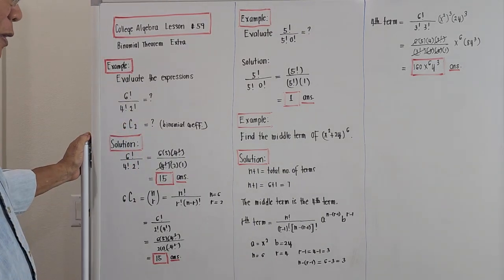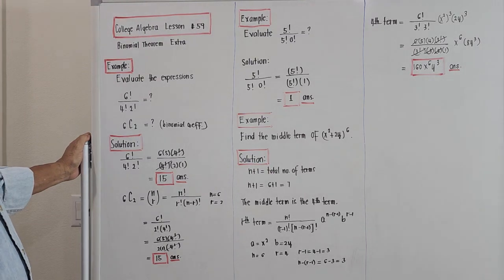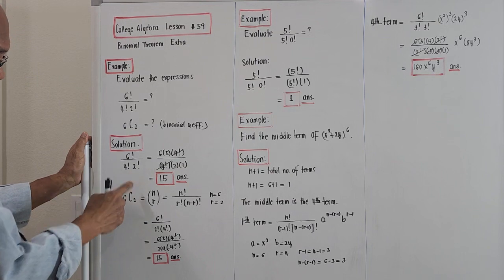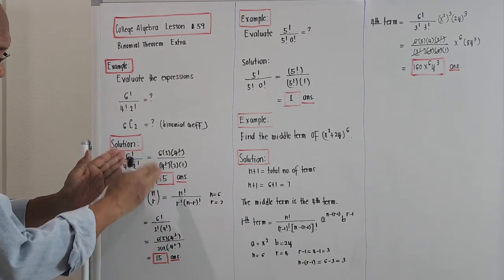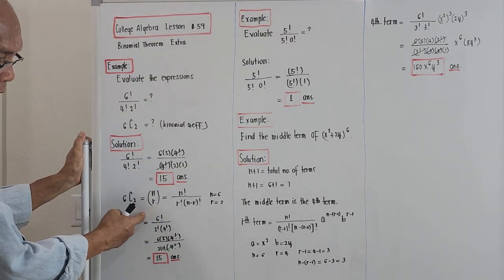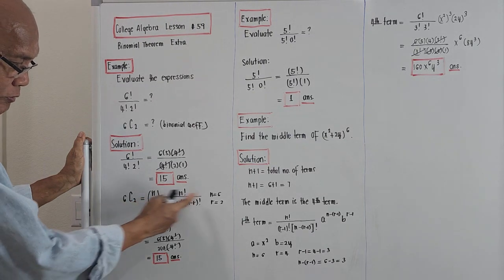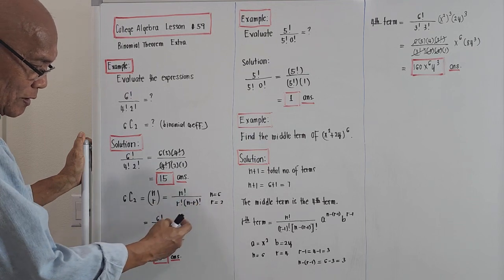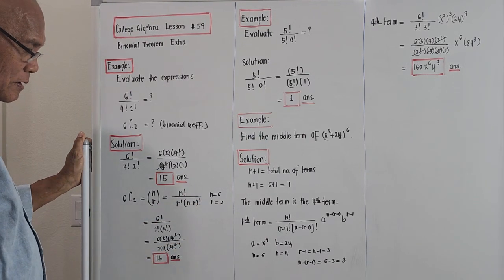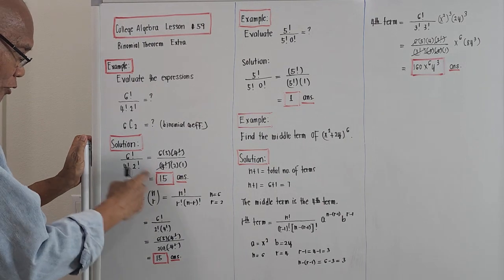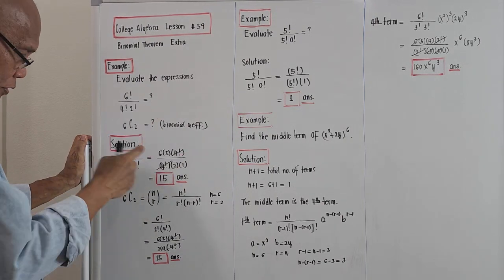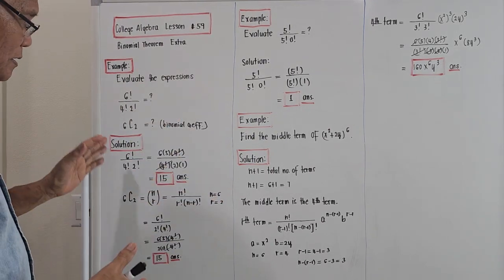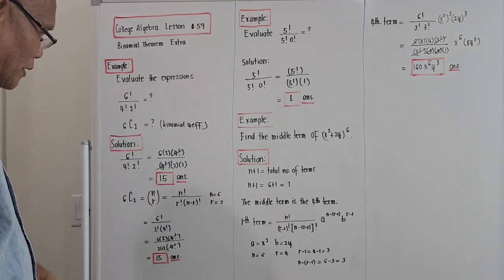The equivalent of this is the quantity n, r, which is equal to n factorial over r factorial times the quantity n minus r factorial. This is the equivalent of the given expression 6C2. Let's try to evaluate the first one.